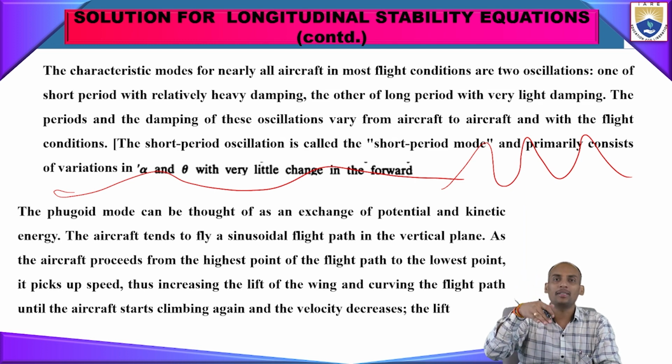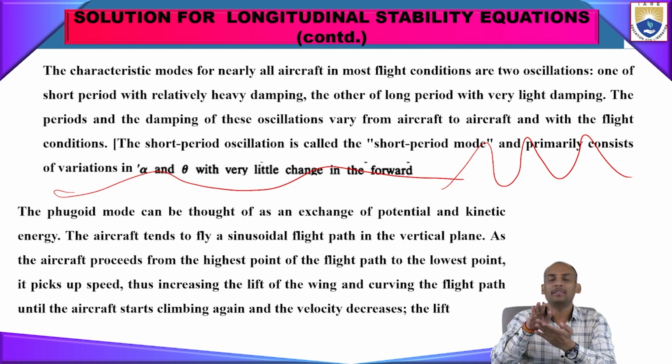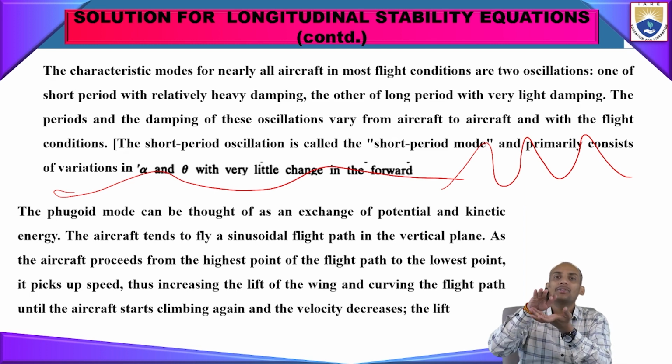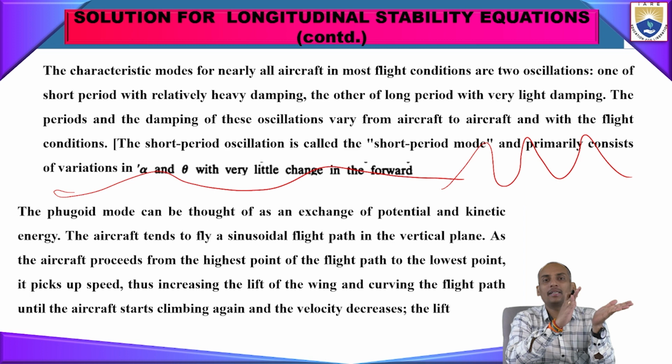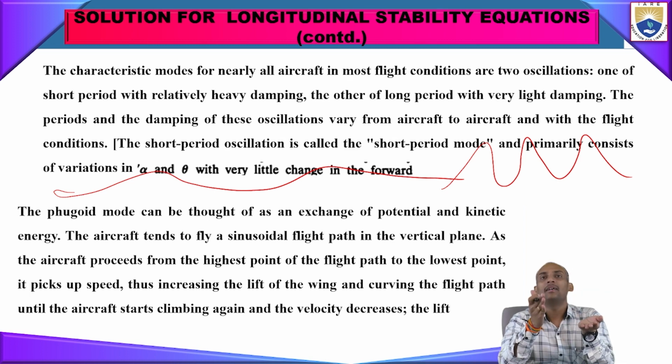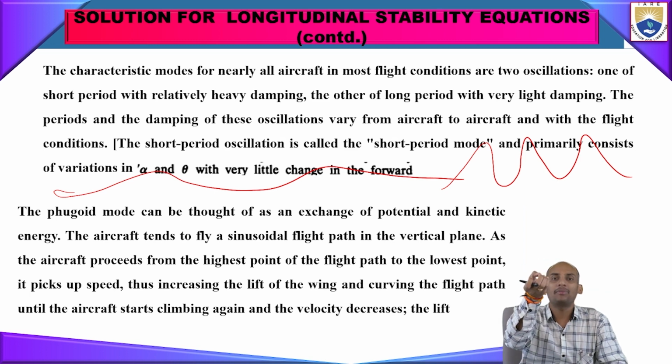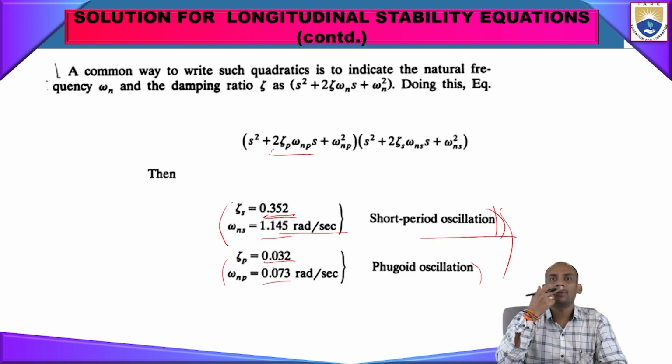Whenever it gets a perturbation from the cruise condition, it takes a period to come back to the original condition, giving a frequency response like that. So what does 1.145 radian per second mean?